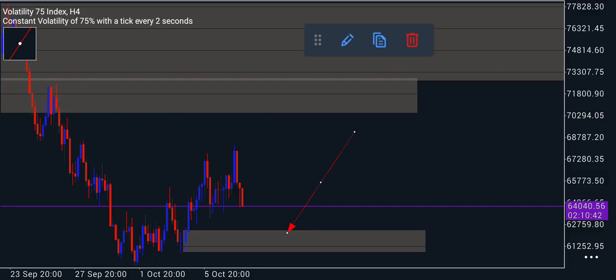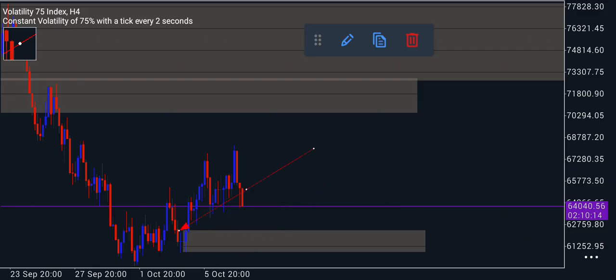So if there is a good signal for a buy, you can enter a small buy position and then push this market to this zone. So this is our higher time frame daily zone, where we will join the market for a long-term sell. But for now, today the market is pushing to the downside.